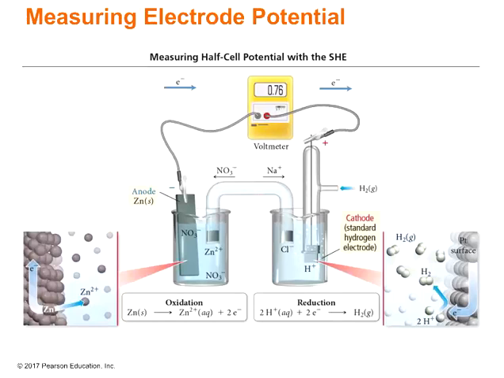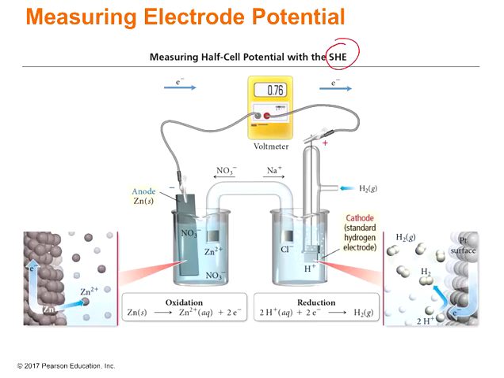All right, so here we're showing how you can measure the half-cell potential of a half reaction using the standard hydrogen electrode. What we would do is set up an electrochemical cell like we saw previously.